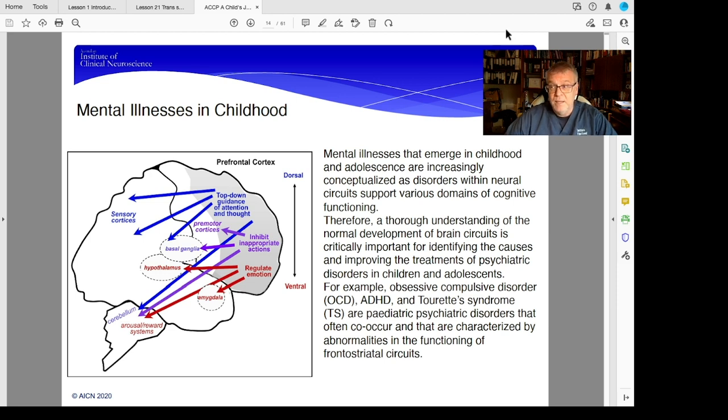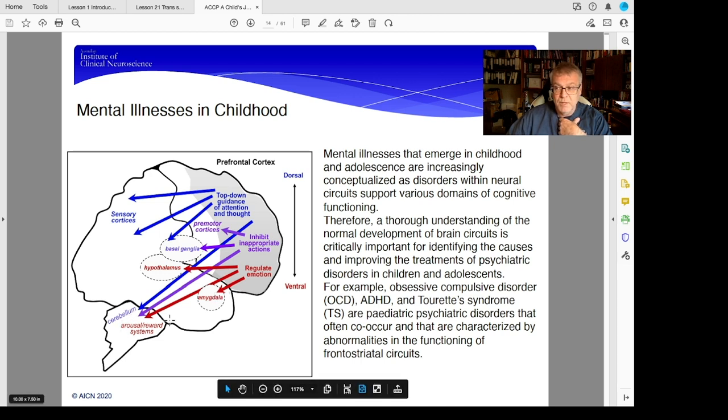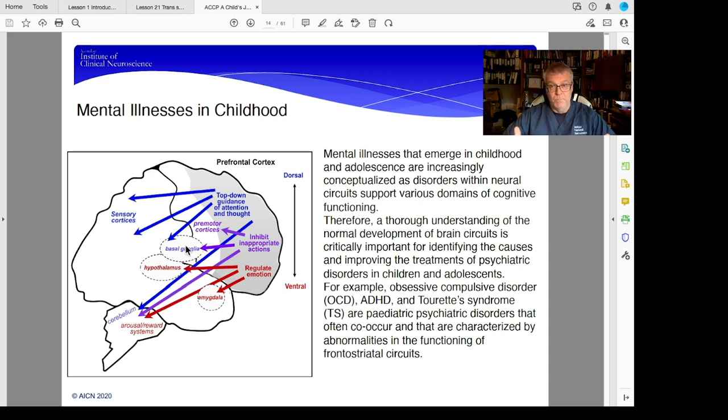So we can see that there is basically top-down guidance of attention, and there's inhibition of inappropriate actions, and then there are regulatory areas of the brain that regulate emotion, and these are all commingled to the brainstem in a variety of different areas, and also use deep nuclei of the brain, like the amygdala, hypothalamus, basal ganglia, to coordinate these actions appropriately.